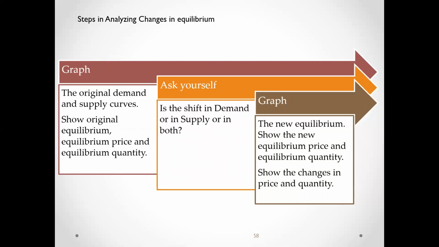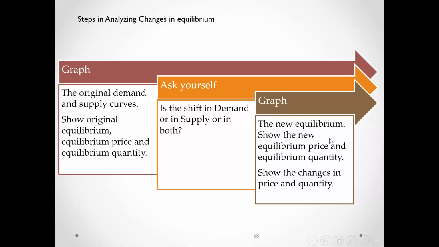Supply قلنا ايه? الانبوت prices, technology, expectations, and number of sellers. تمام؟ طيب the new equilibrium هشوف بقى بعديها.